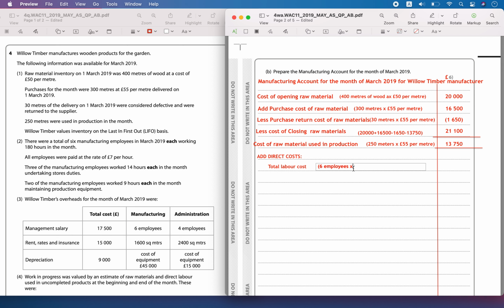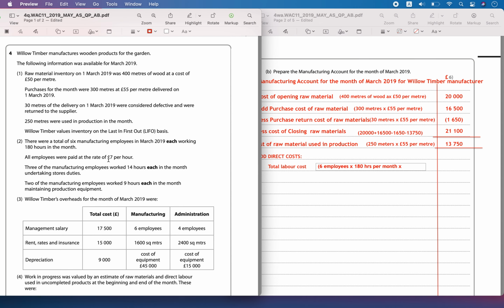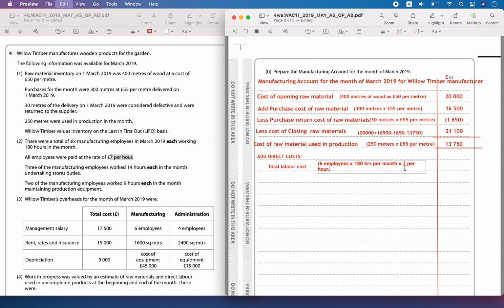For the month we are calculating, at the rate of £7 per hour. This is the total labor cost for the entire month.